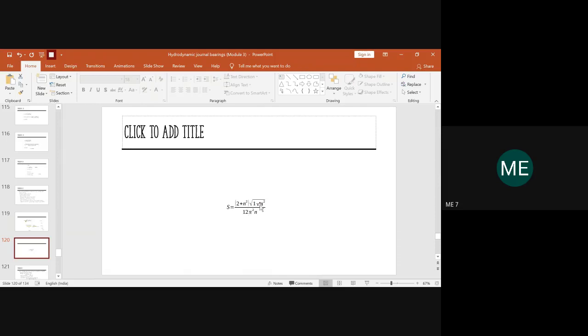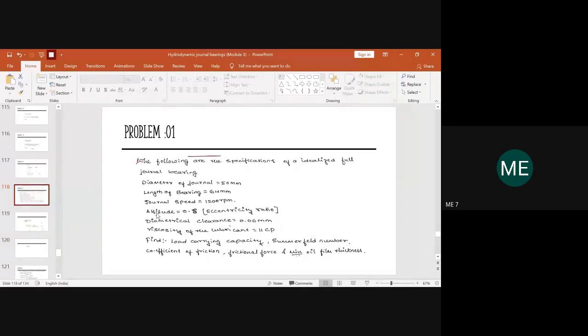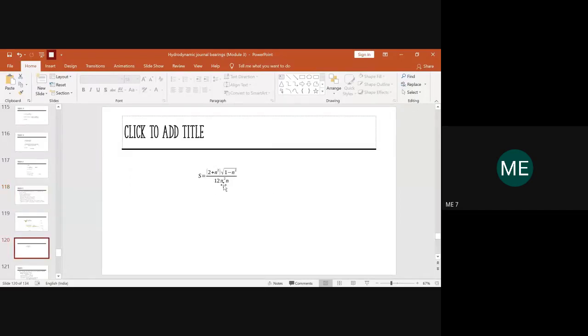So what is the equation for Sommerfeld number? You know the equation for Sommerfeld number. It is 2 plus n whole square into root of 1 minus n whole square divided by 12 pi square n. And you need only the value of n over here. So kindly see the attitude value, which is our eccentricity ratio, as 0.8. So do substitute and let me know the value of S, how much you are getting.